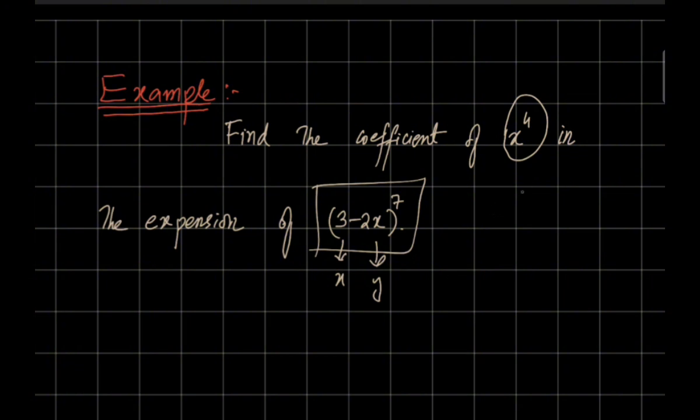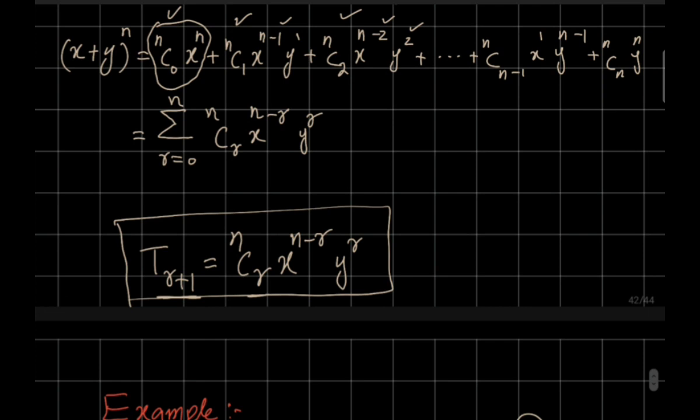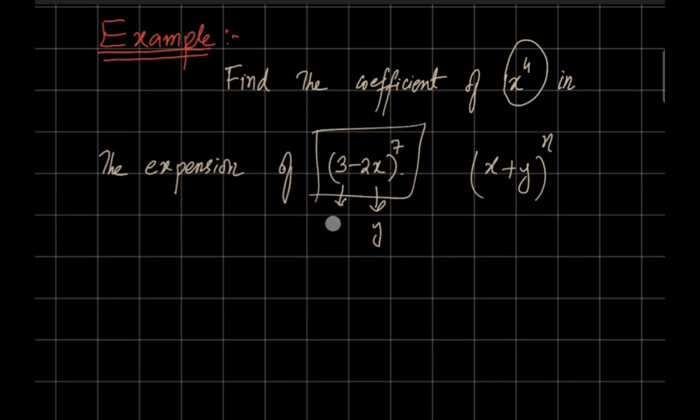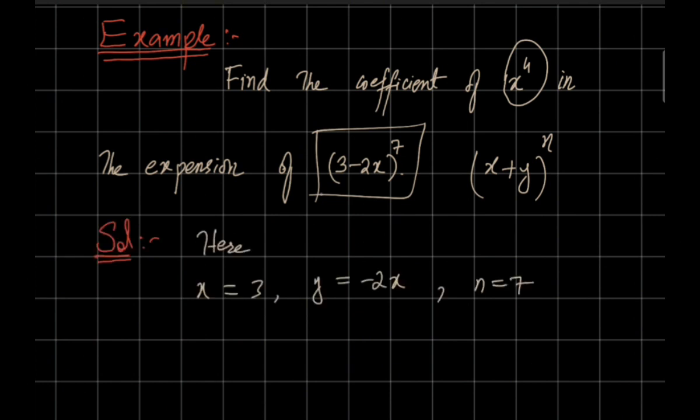So the general binomial formula is used for (x + y)^n. In order to compare this formula with x and y, we have to take x = 3, y = -2x, and n = 7.